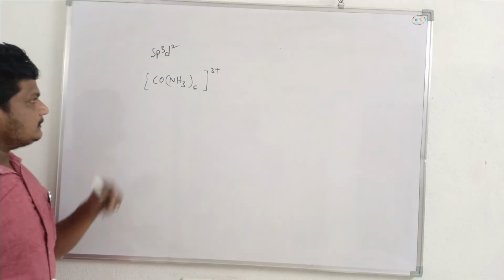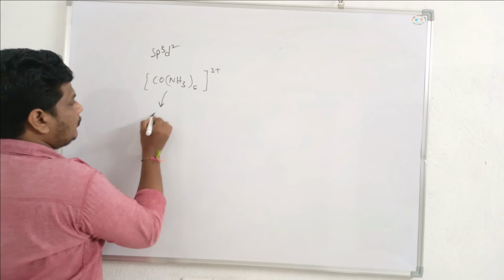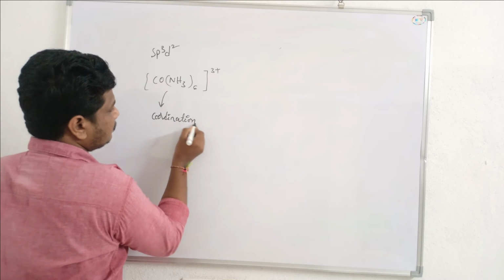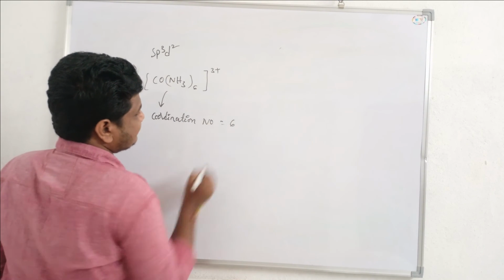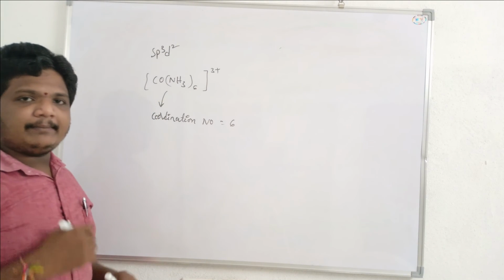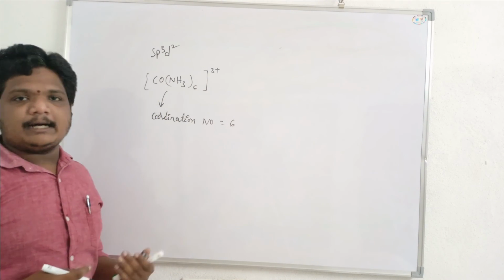Now in this case we have coordination number 6. So with coordination number 6 and sp3d2 hybridization, generally we can observe octahedral geometry.